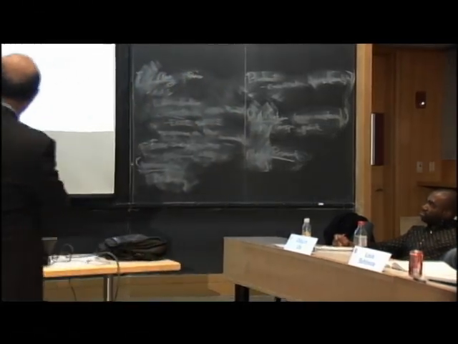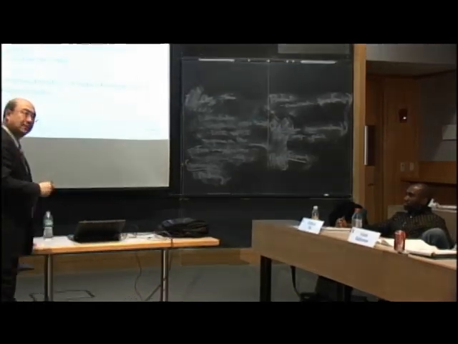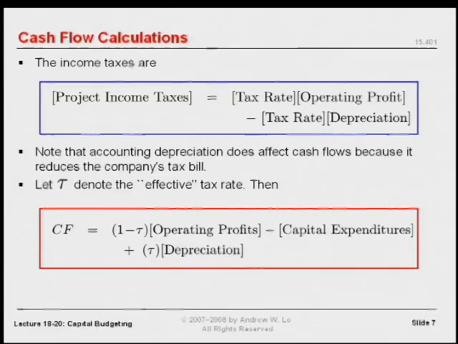So project income taxes are going to simply be the tax rate multiplied by the operating profit minus the tax rate times whatever depreciation you can claim. And so this is how you can get depreciation into your cash flows. It affects the amount of income taxes you're paying, and that's it.